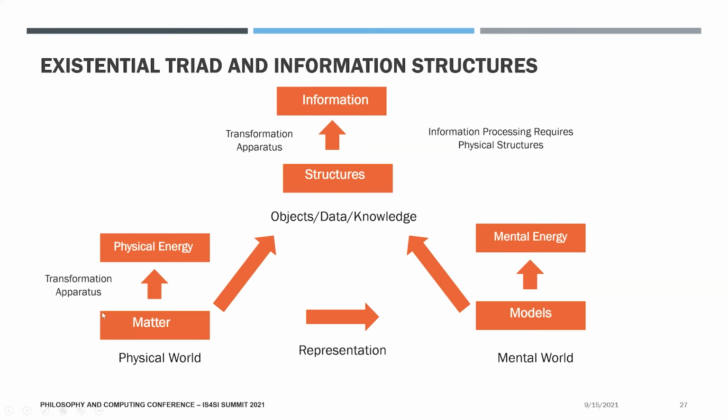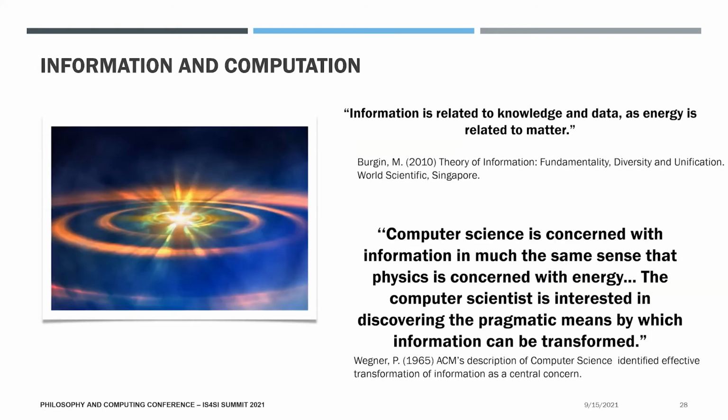You can bring physical structures and mental structures together and represent them in a common form using these structures. And that's essentially what we are going to do. Information is related to knowledge and data as energy is related to matter. And this is where biology and computer science combine to give us new models of computation.